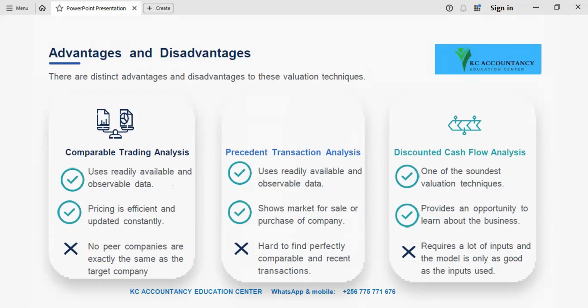In other words, what the people in the market have decided in regard to the stock prices for the company. Then the precedent transaction analysis is showing the buyer's view of the value. And finally, the DCF analysis is showing us your view of the value.